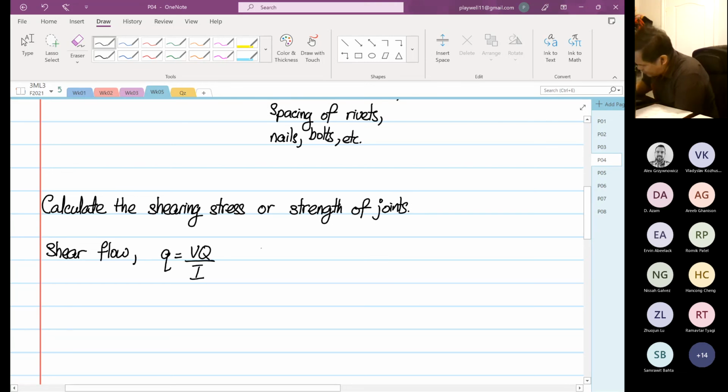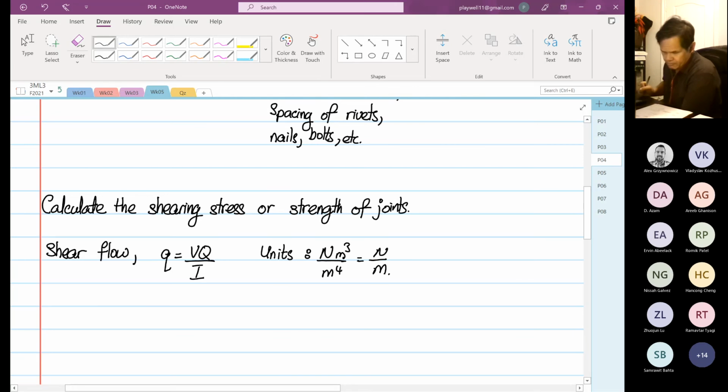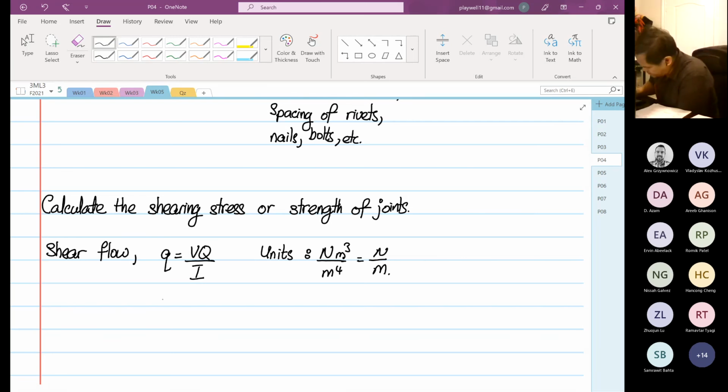And then if we look at the units, this is Newton meter cube over meter 4. This is Newton per meter. Now this is also related to q.